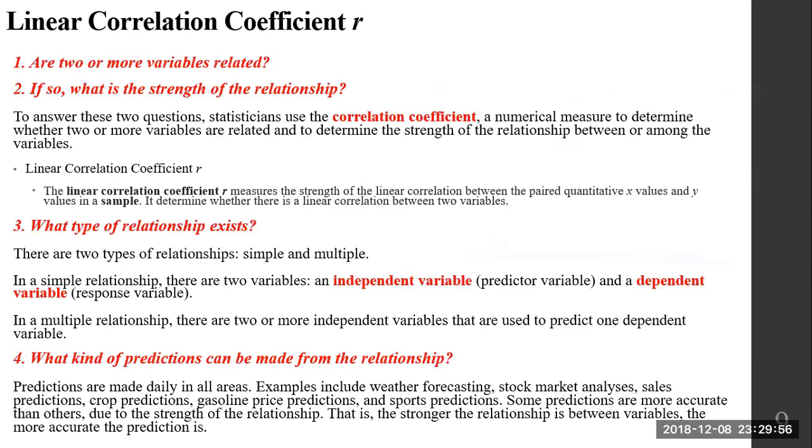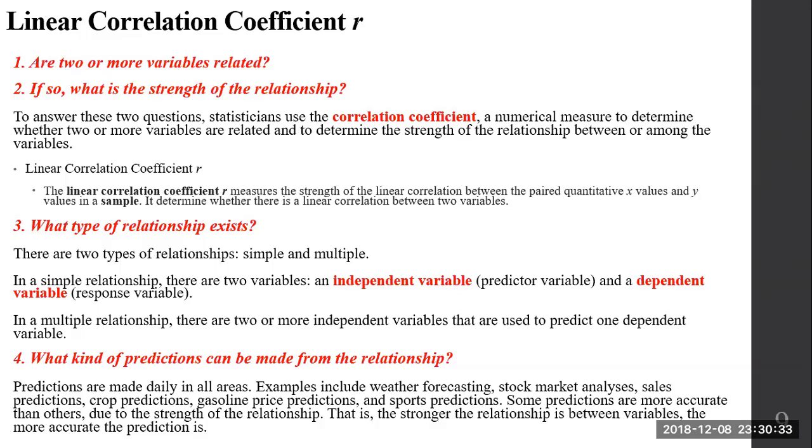The questions that we had earlier: are two or more variables related? If so, what is the strength of the relationship? To answer these two questions, statisticians use the correlation coefficient, a numerical measure to determine whether two or more variables are related and to determine the strength of the relationship between or among the variables.